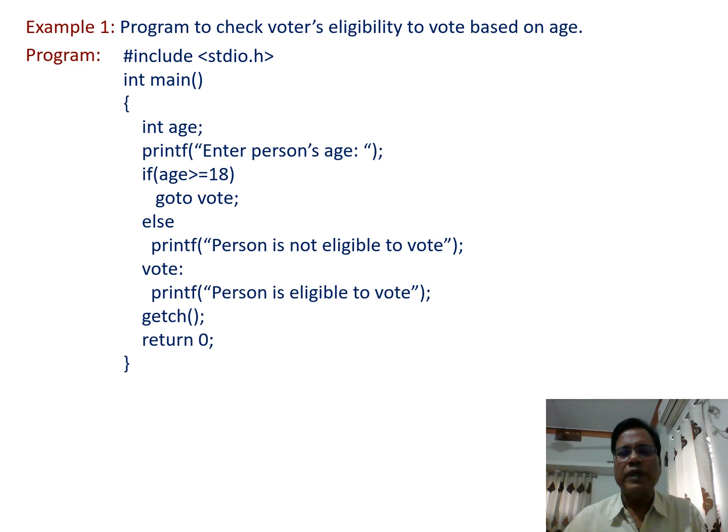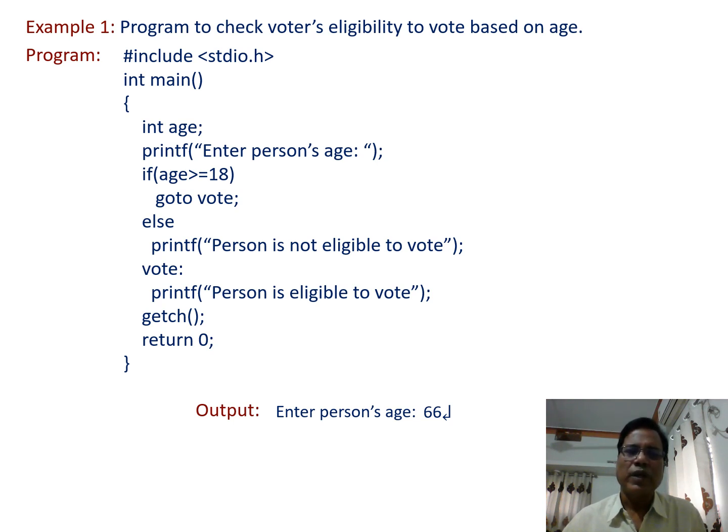Now whenever we execute this program, first what happens? The message enter person's age is printed on the output screen, and then the user gives the response 66. 66 is greater than or equal to 18, that is true.